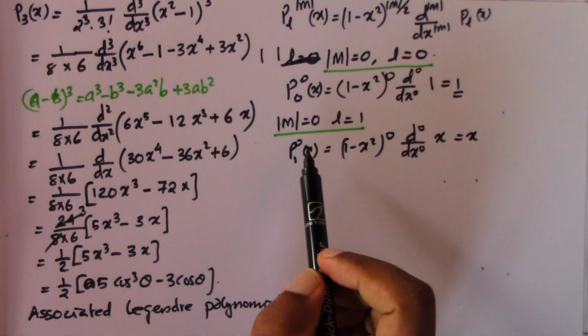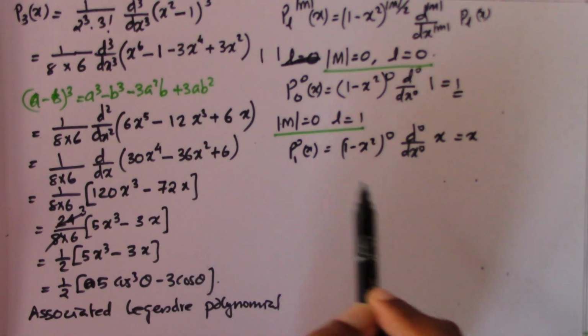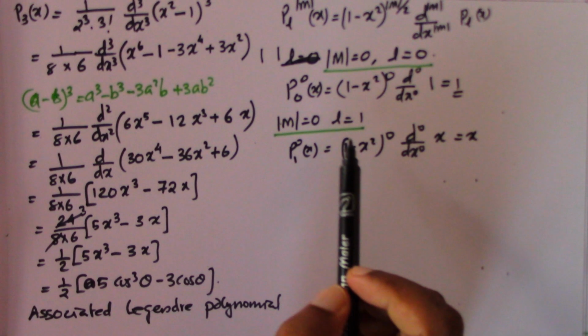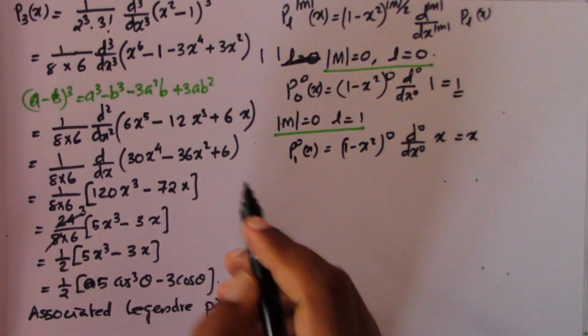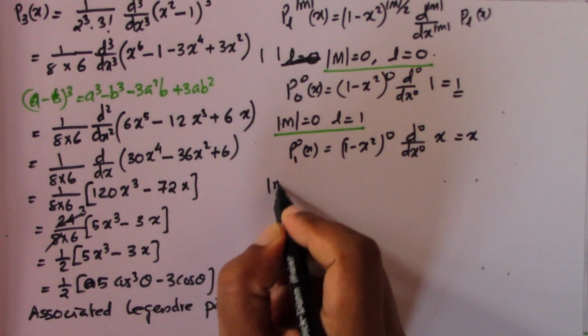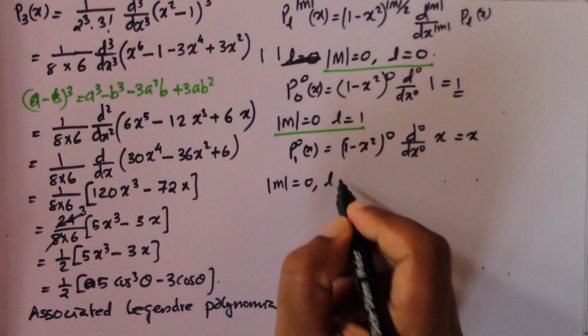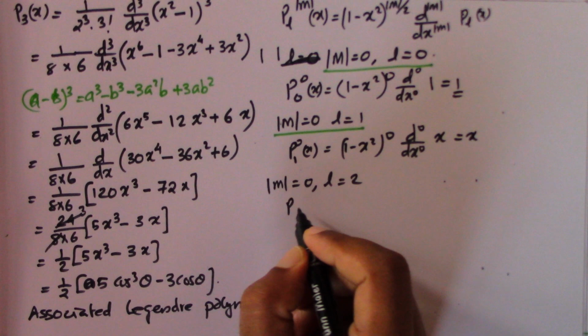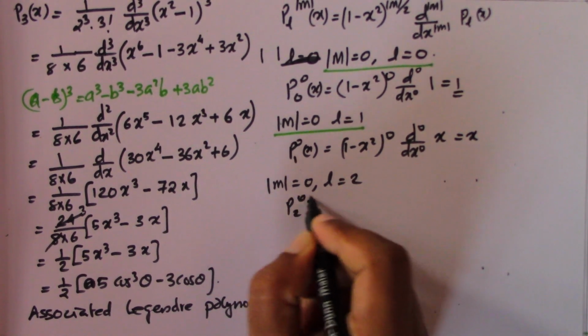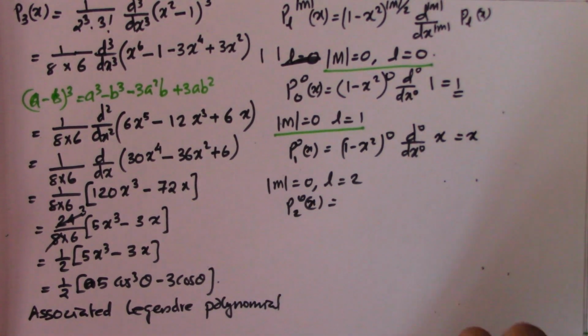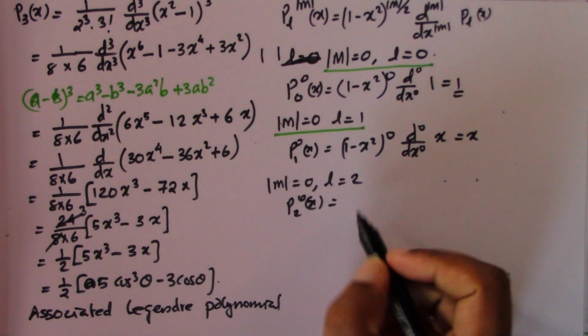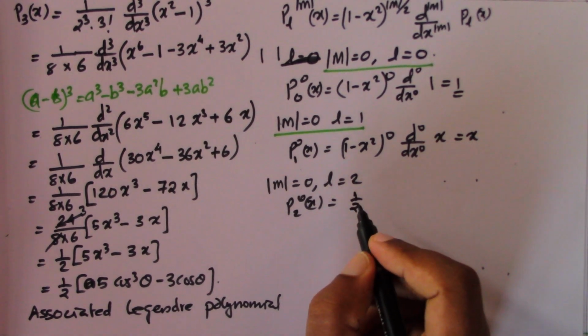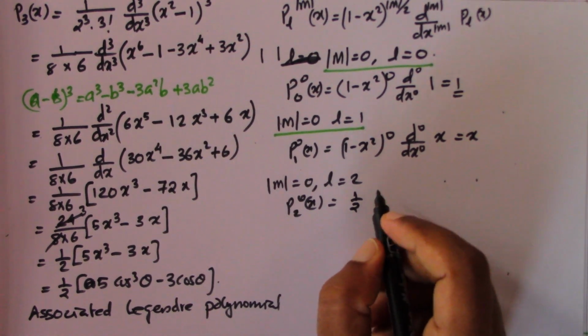So for all cases where m is equal to 0, we will get P_L^m(x) is nothing but P_L(x). If we are calculating m is equal to 0 and L is equal to 2, then P_2^0(x) will be equal to P_2(x), and P_2(x) is nothing but half into 3 cos square theta minus 1, or 3x square minus 1.